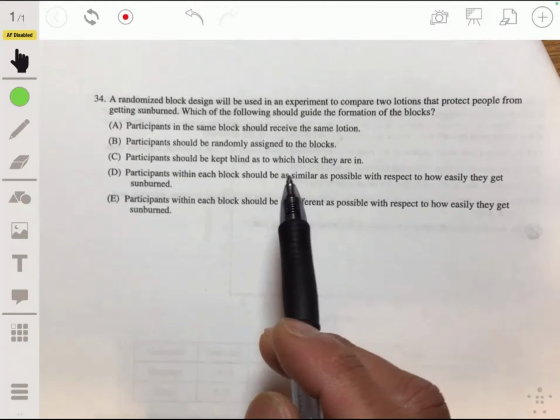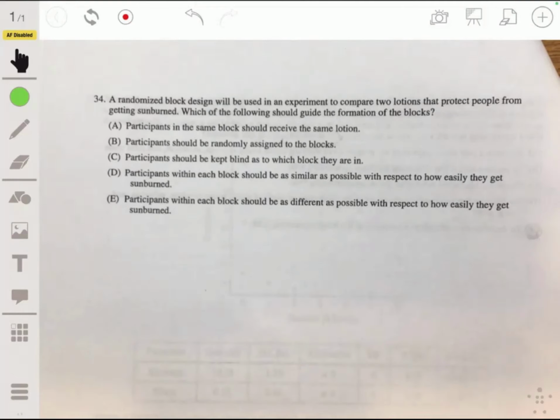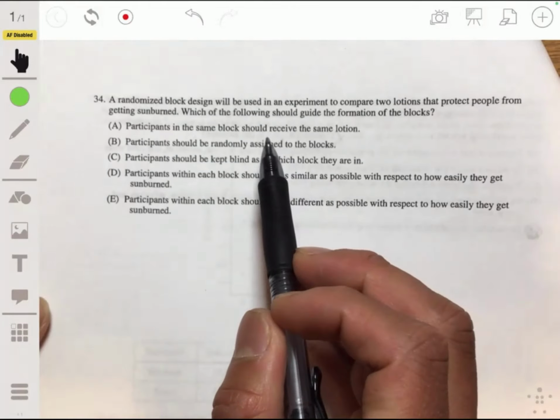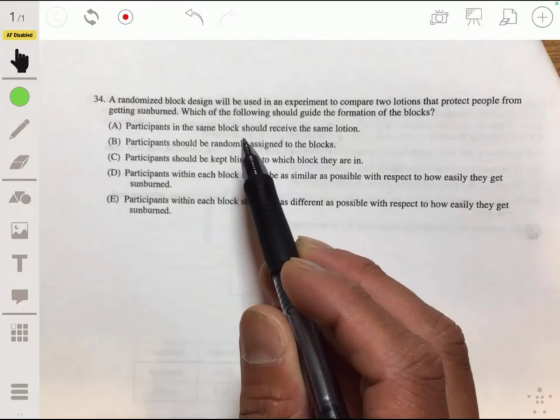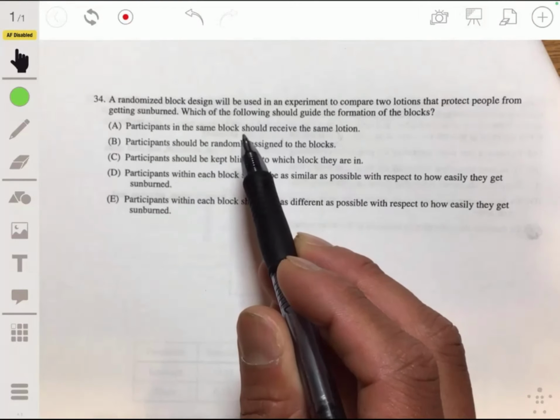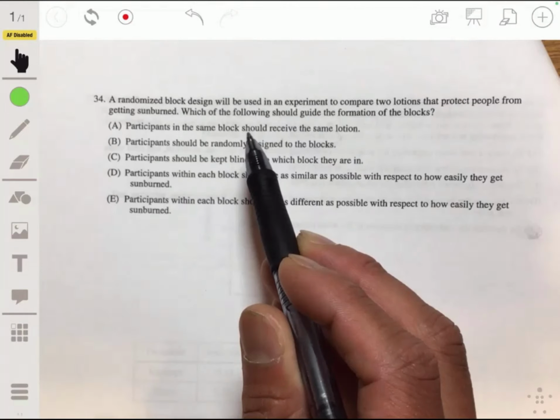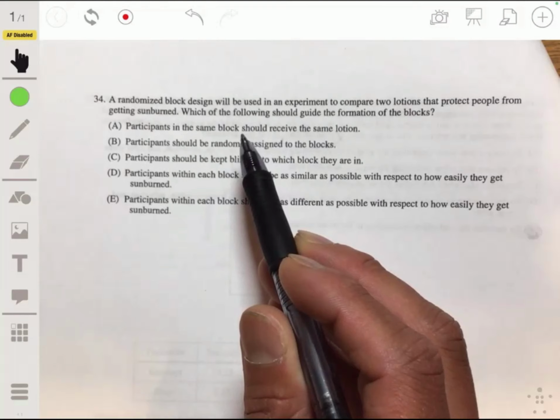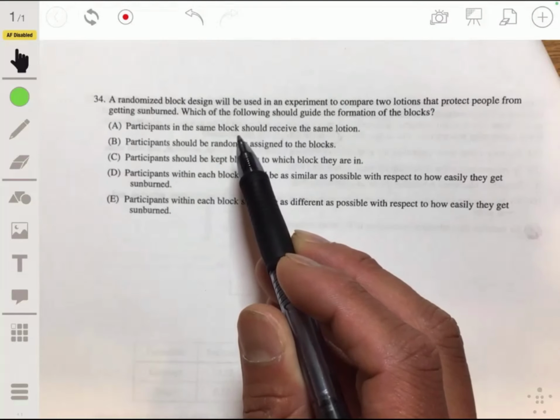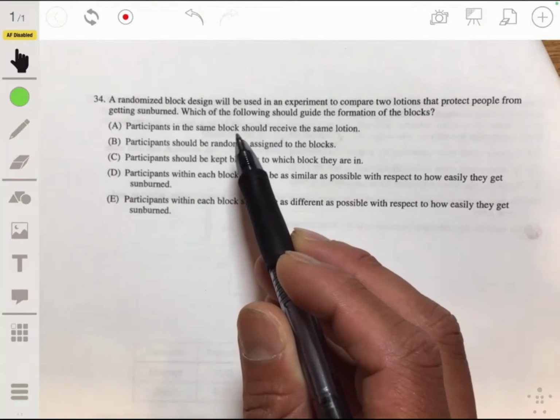So maybe if you're trying to measure the average time a high school kid takes to run a mile, you're probably not going to want to mix in the high school track team with just everybody else, especially if you have a small group, because the track athletes are most likely in better shape than the average high school kid. So your blocks would maybe be the track team, and then kids not on the track team, that sort of thing.